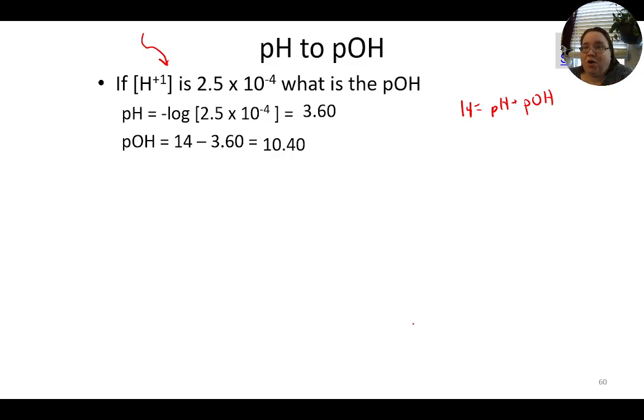This is not the only way you could solve this problem. Yes, you could go through KW. You will notice that I tend to avoid KW like the plague because I've learned from experience that many students screw it up when typing it into the calculator. So I will only use it if absolutely positively necessary. If you have a Casio calculator or if you're using Desmos, you're welcome to use KW as long as you use the fraction button.